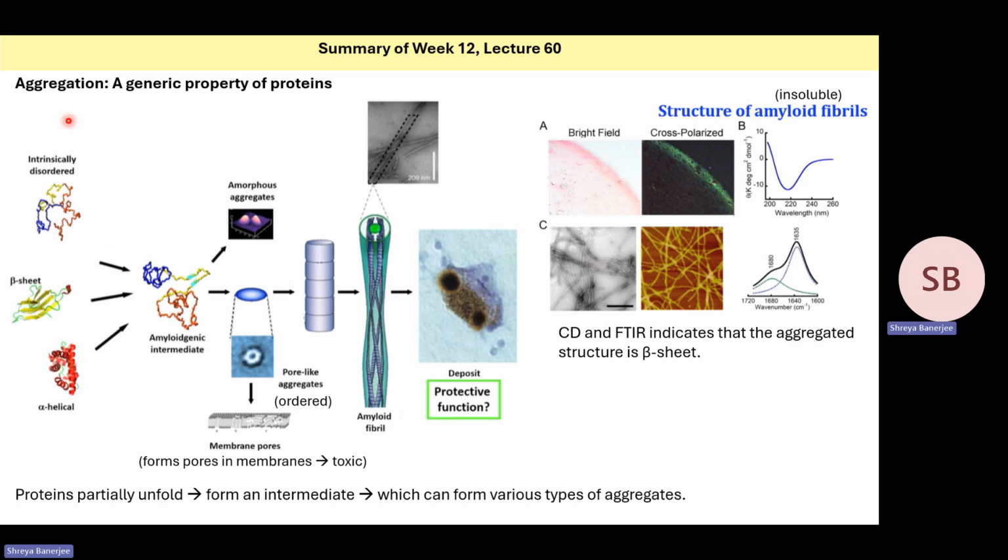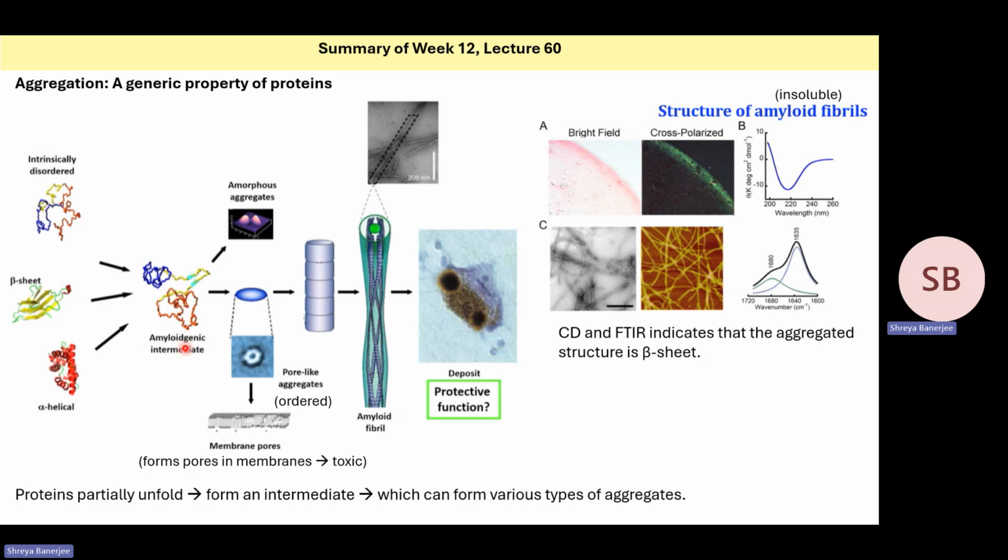So we will talk about aggregation, which is a generic property of proteins. Proteins can have many different native structures like alpha helical, beta sheet, or even intrinsically disordered. Now, if these proteins partially unfold, they can form an intermediate called an amyloidogenic intermediate.